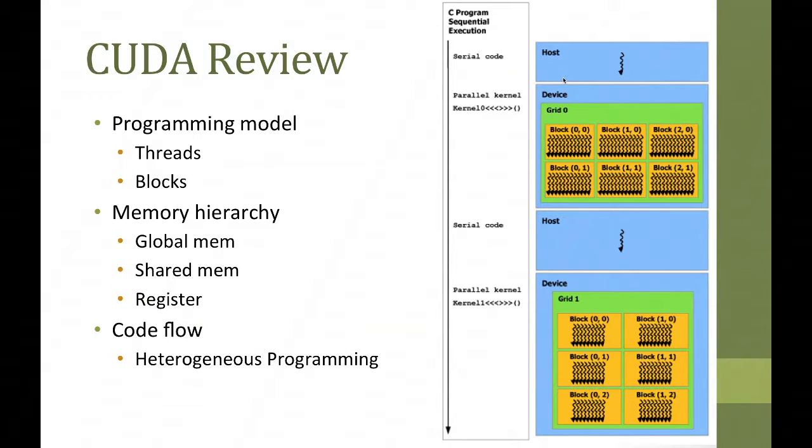It can also prepare the data and copy the data from host memory to device memory, then execute the kernels on the device. After the device finishes the calculation, you can use the host thread to copy the data from device back to the host memory and do some other things. Then you execute or launch other kernels.